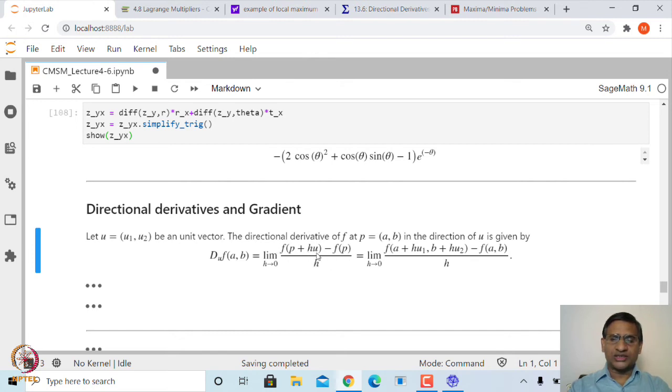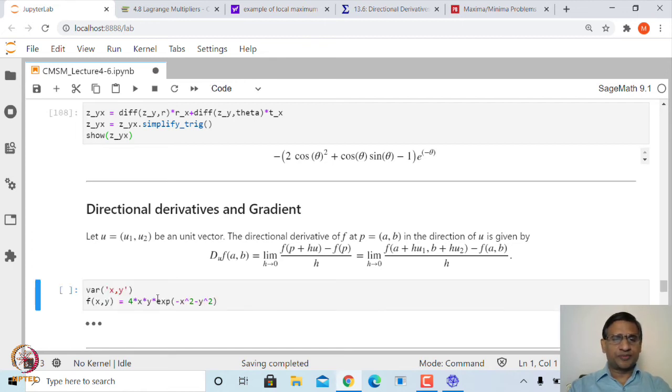So the numerator is the change of the function value along the direction u, and this is the rate of change of f at p in the direction of u. That's called the directional derivative of f with respect to u at (a, b), right. So you can expand p plus hu in terms of coordinates, right.